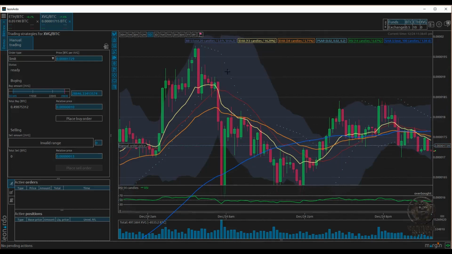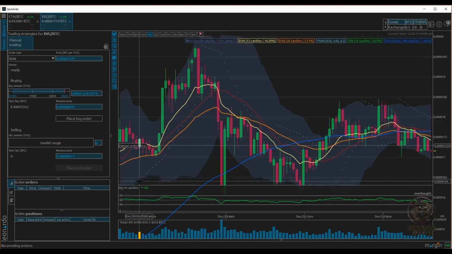Now we also have this PSAR indicator. I'm not really sure how it's calculated. Basically, I use it just to see the trend, whether it's an uptrend or downtrend, and the dots help show when the downtrend is about to shift.